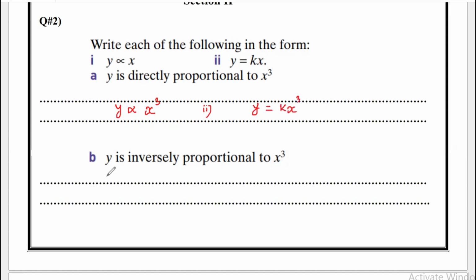That's all. In the b part, y is inversely proportional to x cubed. That means y is proportional to 1 over x cubed, or in the second way, when you introduce the constant of proportionality, we can say that y is equal to k over x cubed.